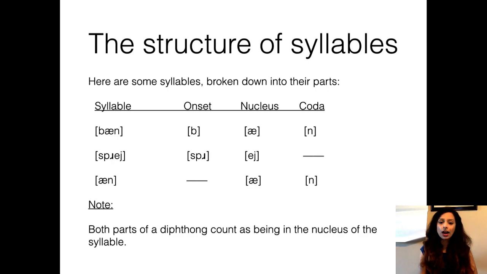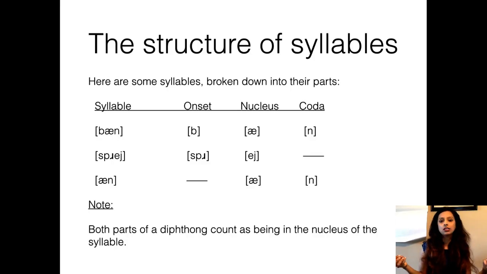So here are some syllables that I have broken down according to the onset, nucleus, and coda. So the word ban, for example, has b in the onset position, a in the nucleus, and then n in the coda position. And then spray is a complex onset. We call that a complex onset because you have s, p, and r forming the complex onset, right?